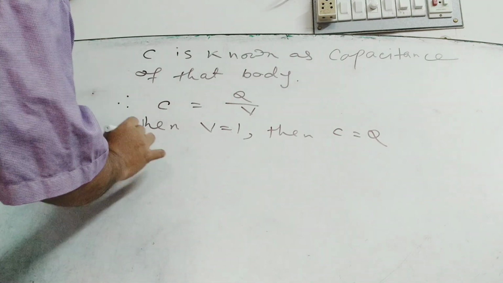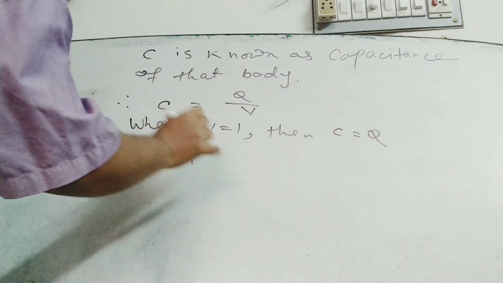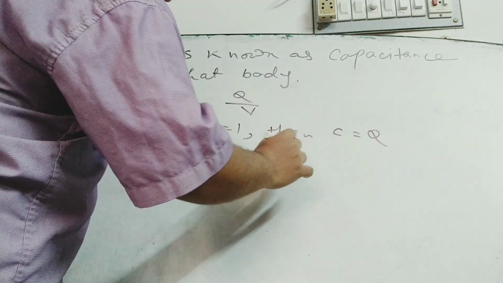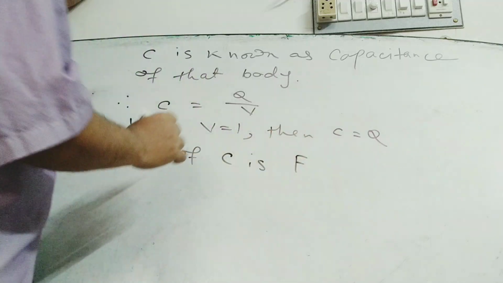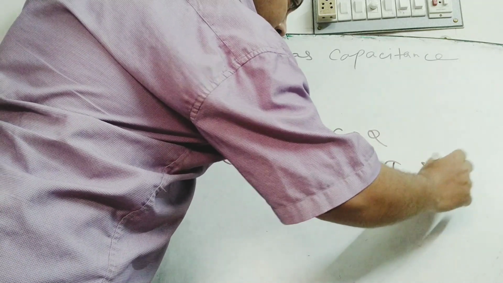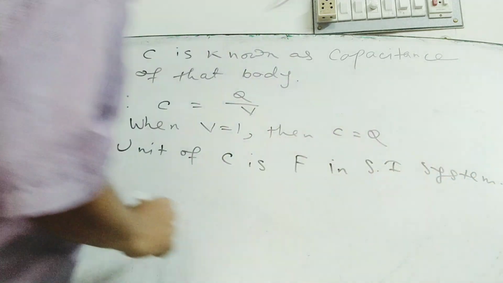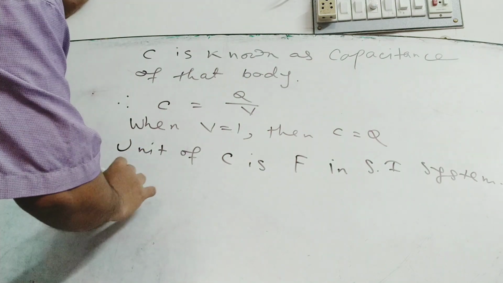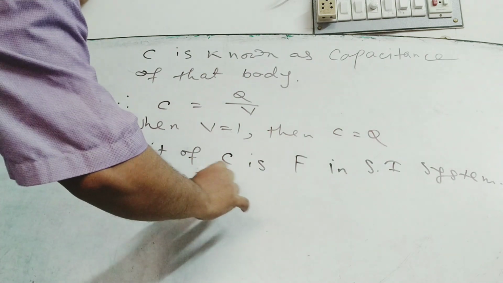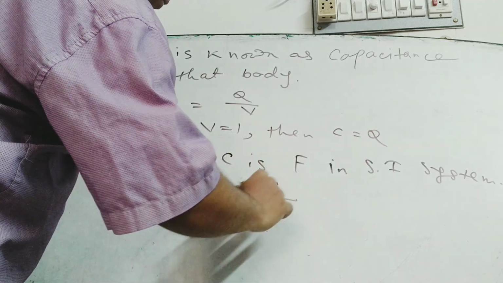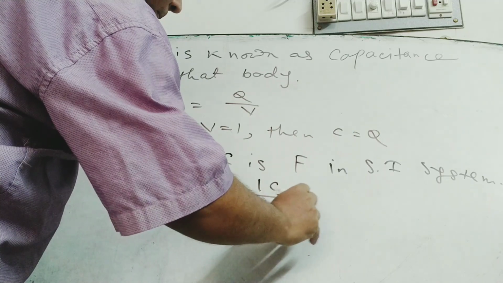The unit of C is Farad or F in the SI system. Therefore 1 farad is equal to 1 coulomb by 1 volt.